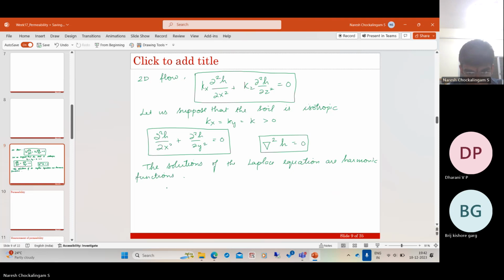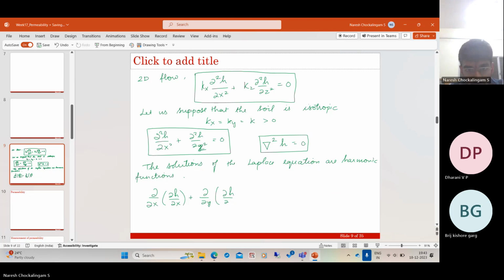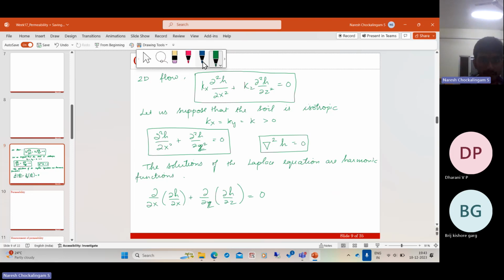So we have dou by dou x of dou h by dou x plus dou by dou z of dou h by dou z is equal to 0. This is z, right? This is the governing equation we have.